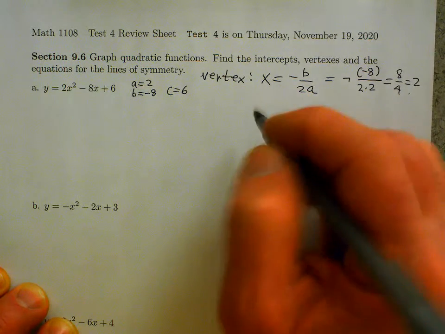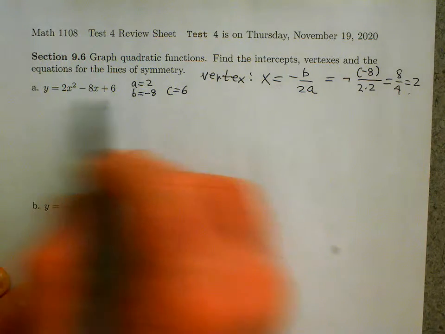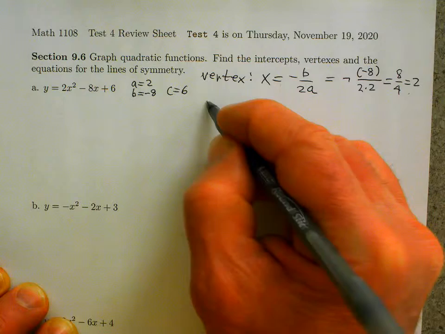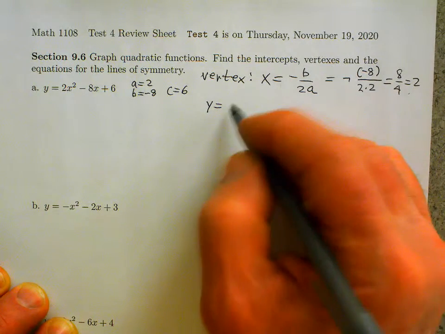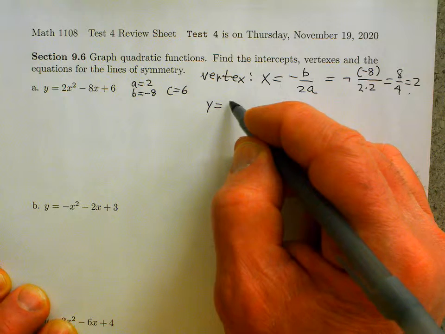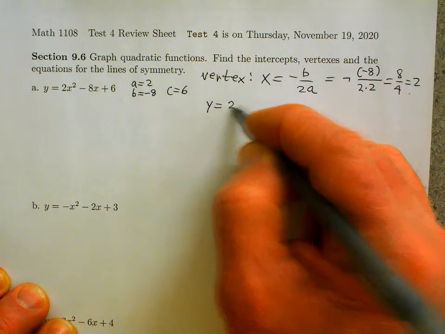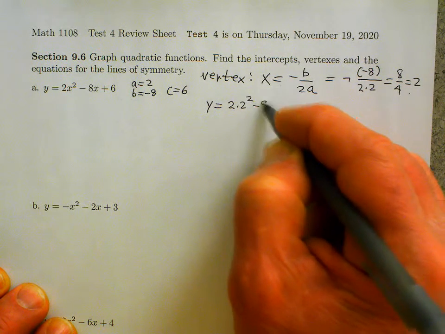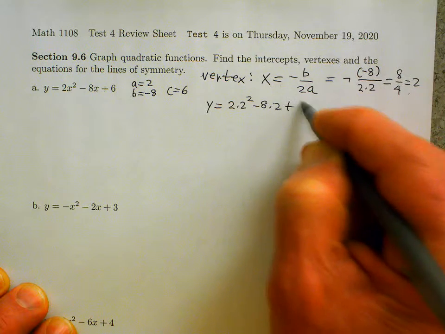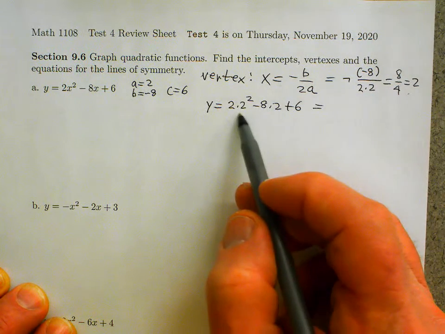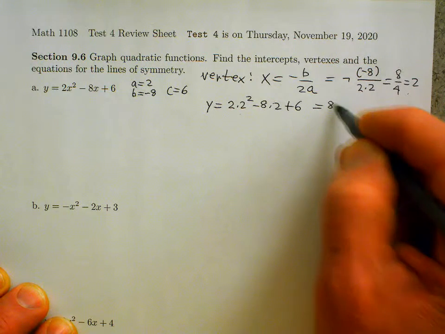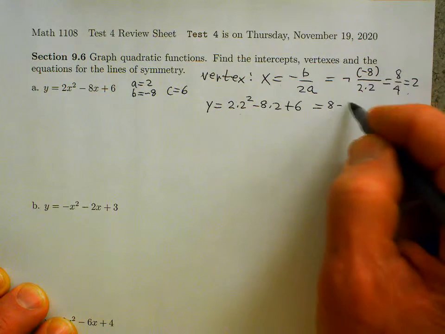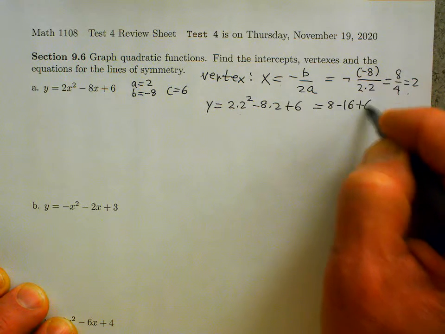To find the y-coordinate, we can use this as a formula. Replace every x with 2, so the y-coordinate of the vertex is 2 times 2 to the second minus 8 times 2 plus 6. 2 times 2 to the second is 8, and then minus 8 times 2 is minus 16, and then plus 6.